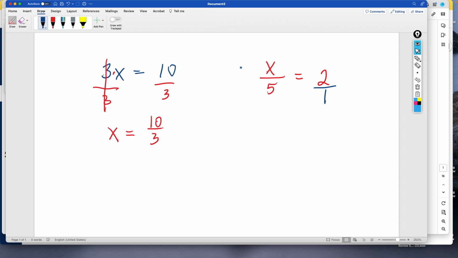Good. So multiply both sides by 5, because the opposite of division is multiplication. And I like to think of it as 5 over 1, because when we have fractions, we want to know whether we're in the numerator or denominator. And then we could do the division first. Think of this as 5 divided by 5. That will cancel out. And so we get x equals 10.